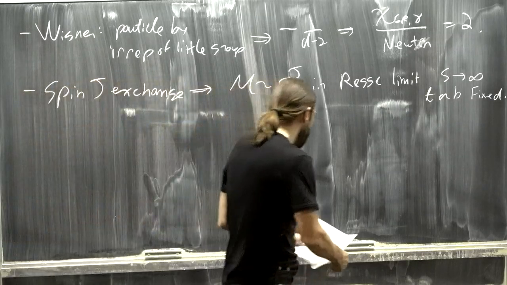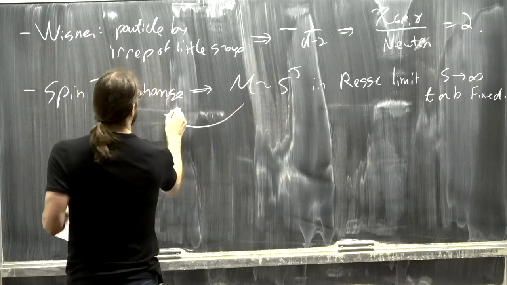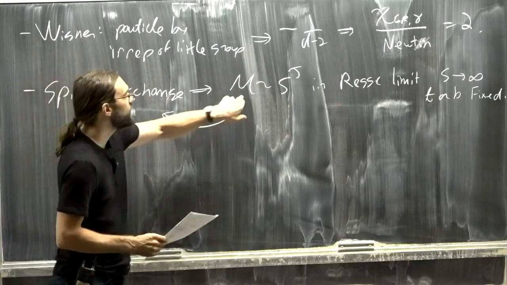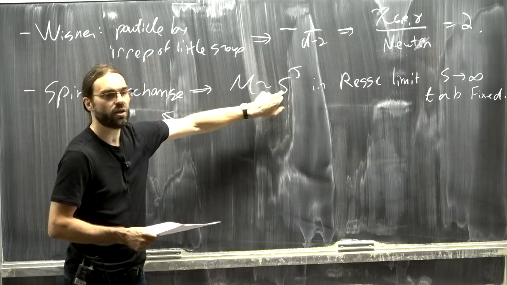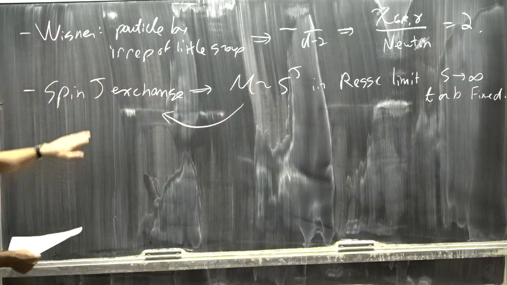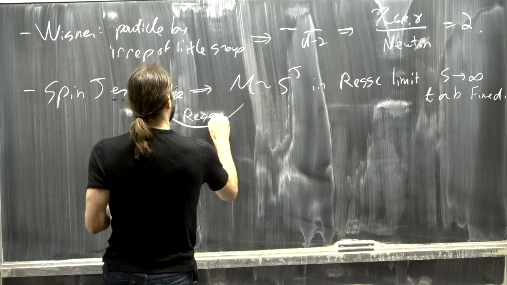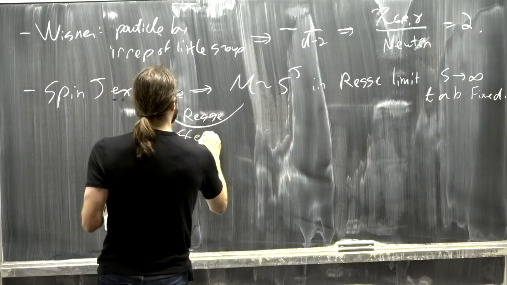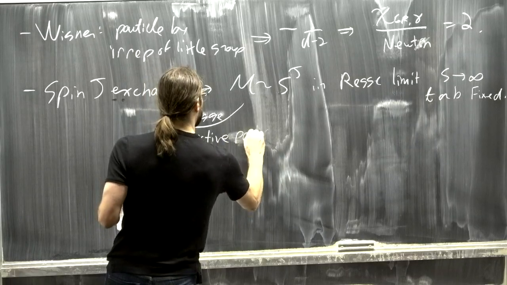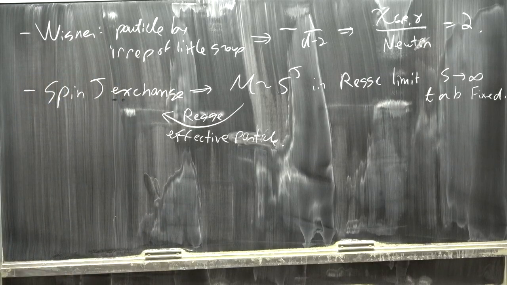There's a thing I want to quickly mention: historically, it has been fruitful to reverse this logic. When you see an amplitude that behaves like a power law, s to the J, Regge theory tells you that you can understand this as the exchange of an effective excitation, an effective particle, of spin J. This kinematic statement you can make even if the power is non-integer.